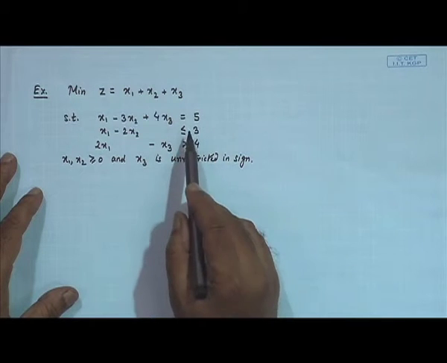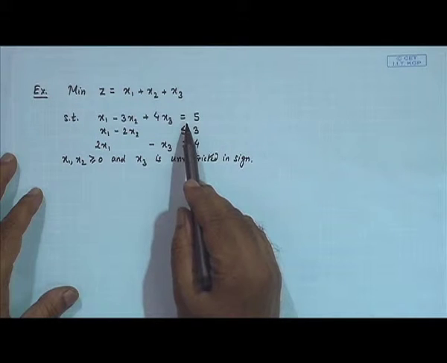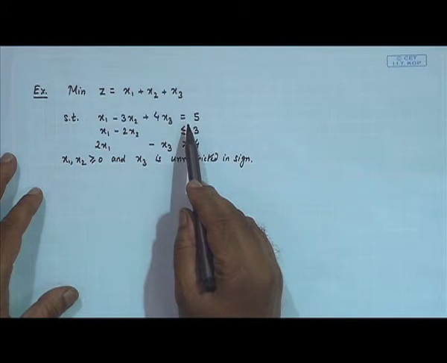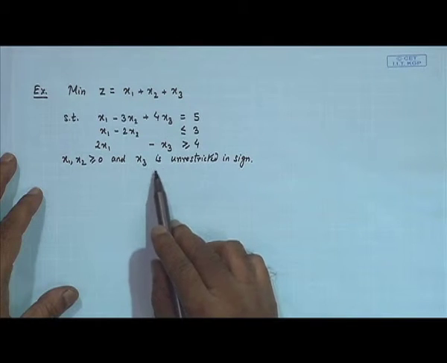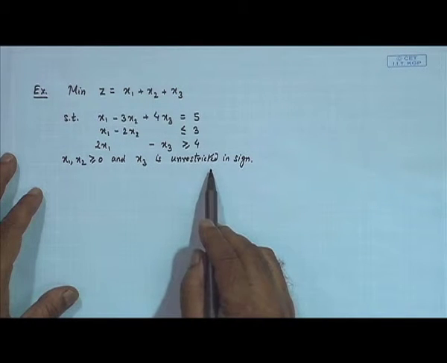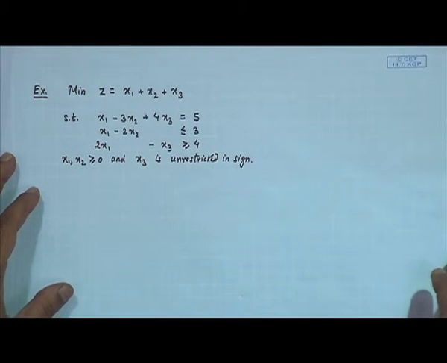So, in the dual what will happen? Since I have one equality type constraint, in the dual there will be one variable which is unrestricted in sign. Similarly, since in the original problem one variable x3 is unrestricted in sign, in the dual problem there will be one equality type constraint.